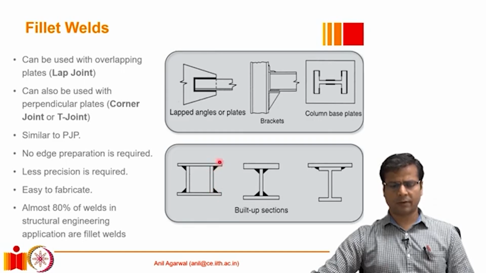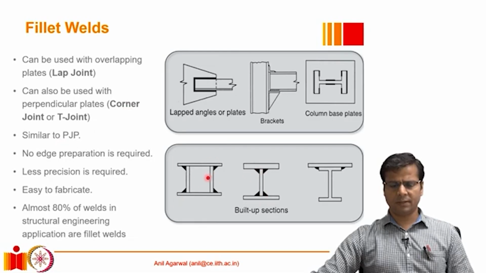So at a corner, of course, we cannot get a smooth flush corner like the way we were able to get in a groove weld, but we can use a fillet by extending this flange slightly outside the web, and then we can use a fillet here to join these plates together. So these would be called a corner or a T-joint. So these are the examples of T-joints.